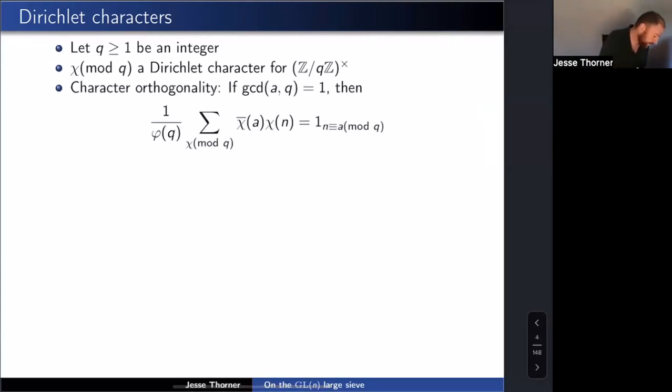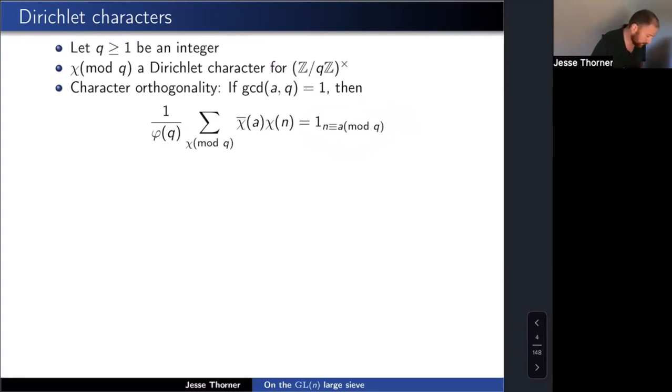And for z mod q z star, this abelian group, we have the following statement of character orthogonality. So if the GCD of a and q is 1, then I can express the indicator function for this residue class, evaluated at n, as this linear combination of the characters chi modulo q.